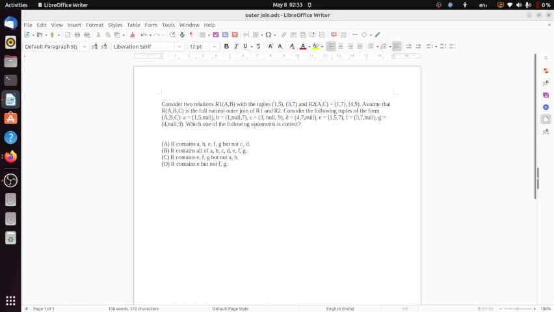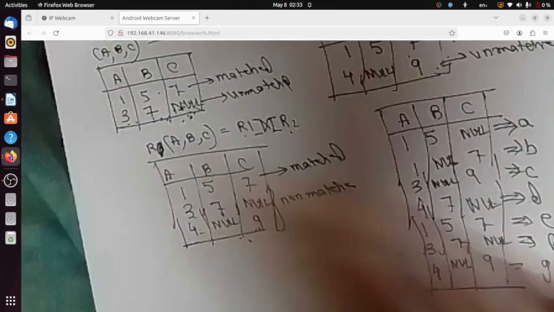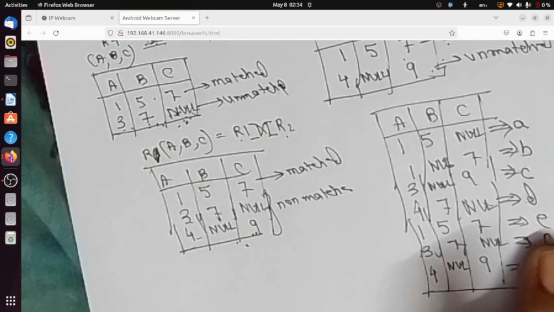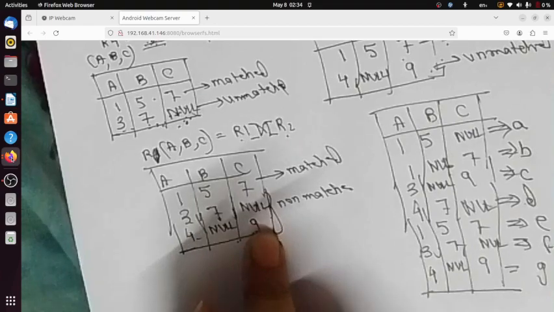Now the question is: which of the following statements is correct? Among these tuples, which ones appear in the actual output relation?